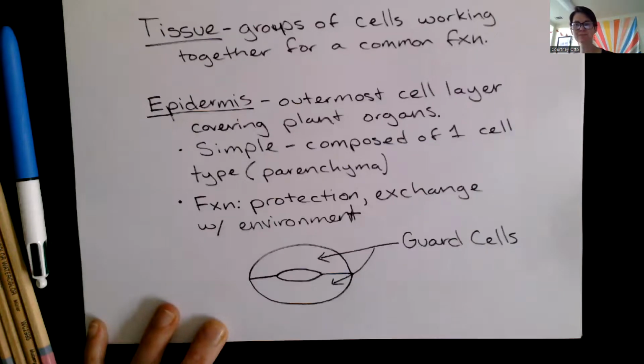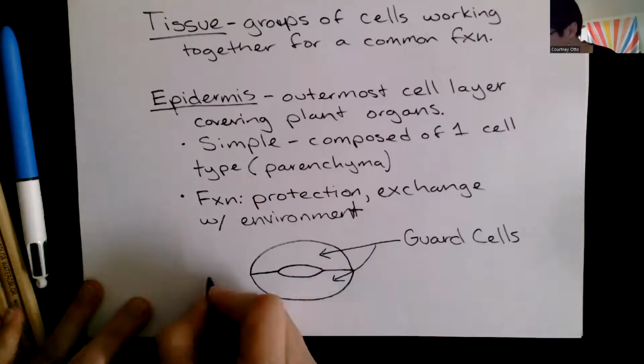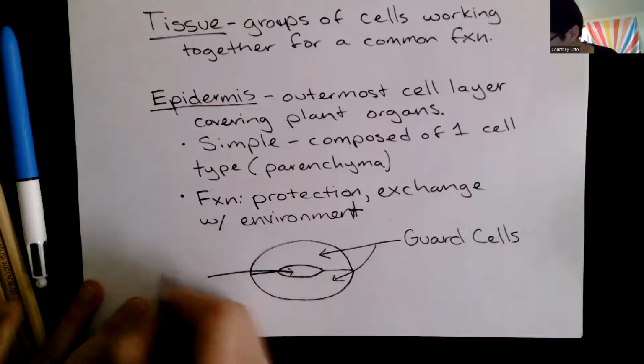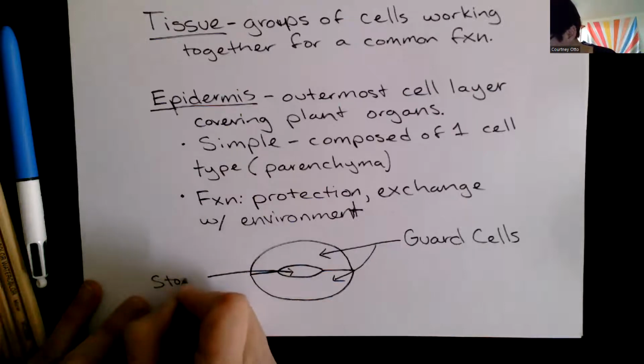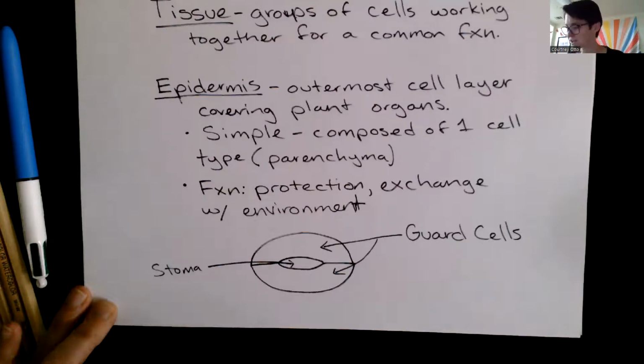And as that name implies, these cells are guards, and what they're guarding is this little hole in between them called the stoma. The word root of stoma means mouth, and this is just a hole, a pore for gas exchange.